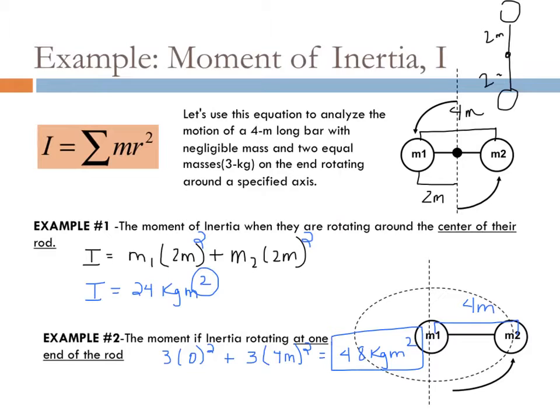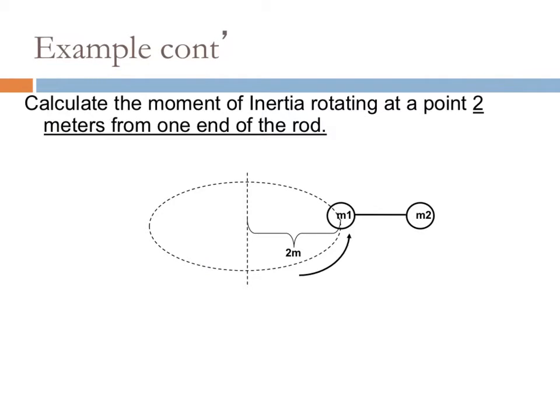So again, this is my moment of inertia rotating at one end of the rod, and for the first one we have our moment of inertia rotating about the center of the rod. For this example, we're asked to calculate the moment of inertia rotating at a point 2 meters from one end of the rod. Again, we're still looking at the same 4-meter rod, and we're still looking at the two 3-kilogram masses. So my first mass, M1, is now located 2 meters away from my axis of rotation.